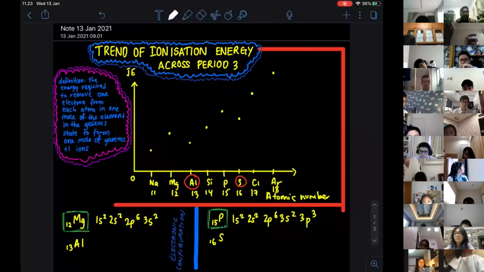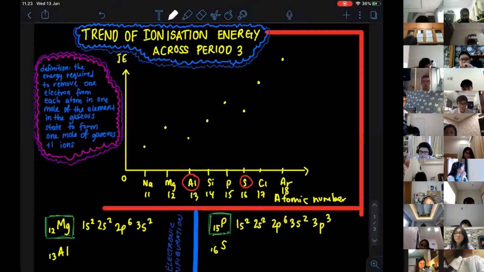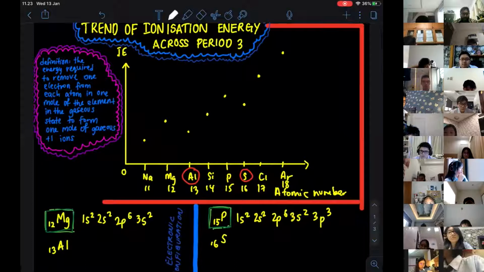So for ionization energy, this is going to be the trend of ionization energy across period 3. You can see the graph that I've drawn over here. You have sodium, magnesium, aluminium, silicon, phosphorus, sulfur, chlorine, and argon.